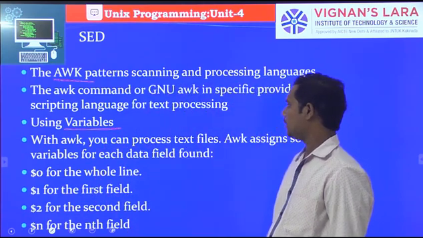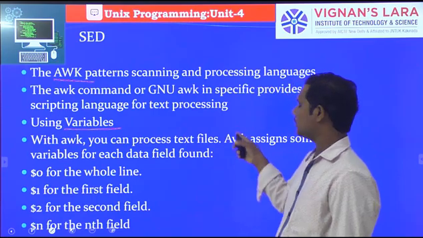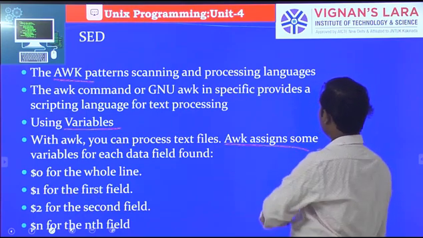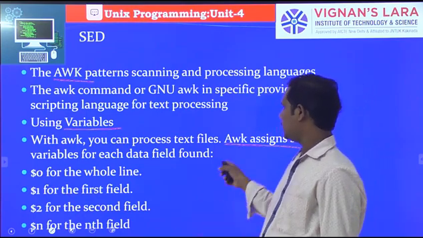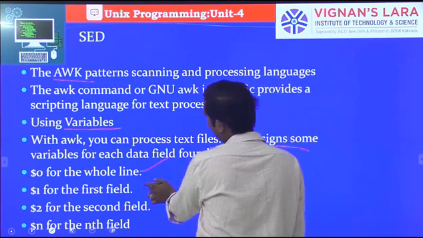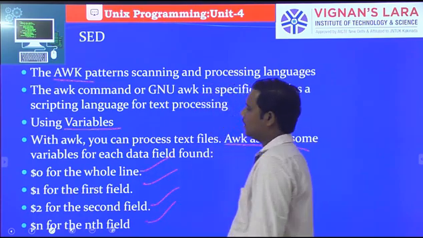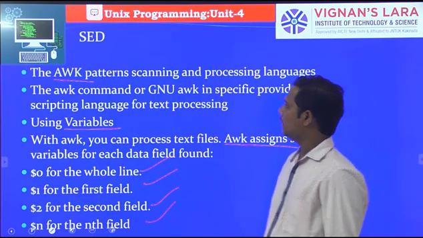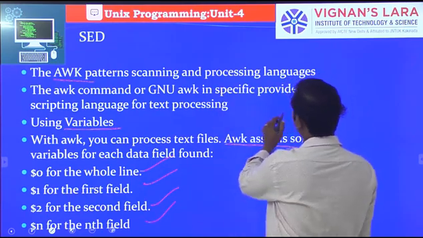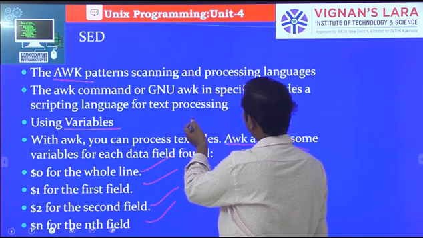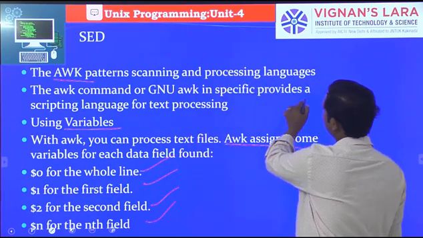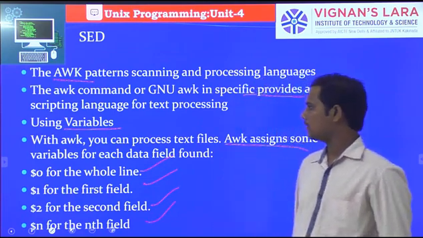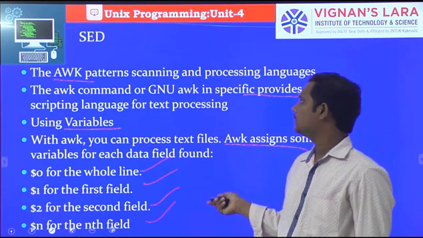With awk you can process a text file, giving the text file. awk assigns some variables from the data fields found: $0, $1, $2, $n and so on. GNU awk specifically provides a scripting language for text processing. awk is a pattern scanning and processing language.